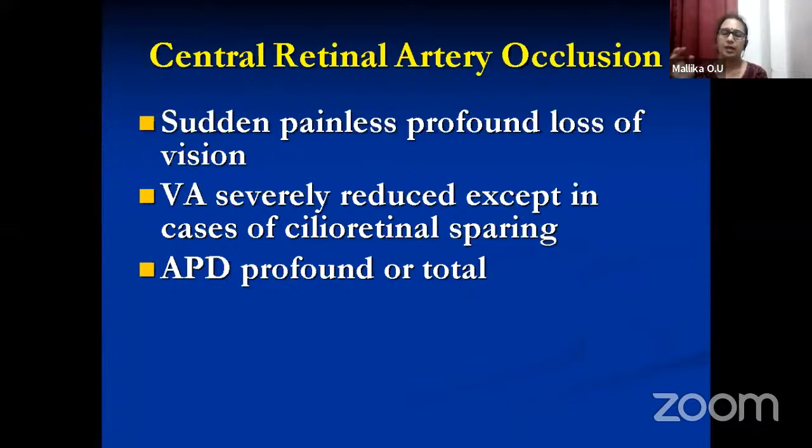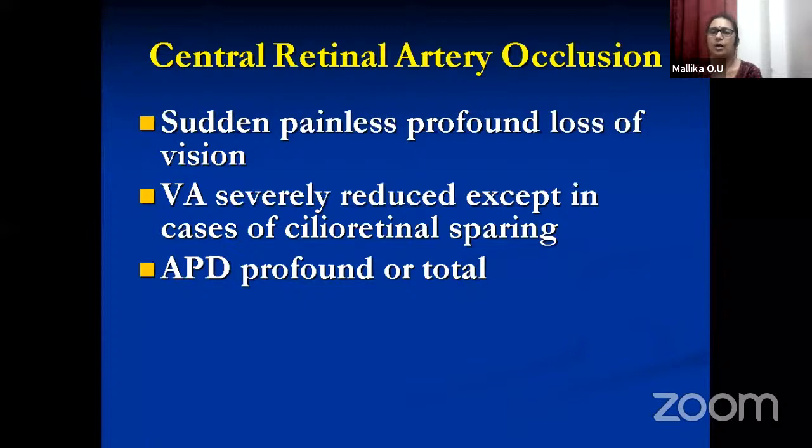So you may get a question on central retinal artery occlusion. Either you have to draw the fundus picture or you can get causes of sudden painless loss of vision. One important cause for sudden painless loss of vision is central retinal artery occlusion. So the visual acuity is very severely reduced except in patients with a cilioretinal artery.